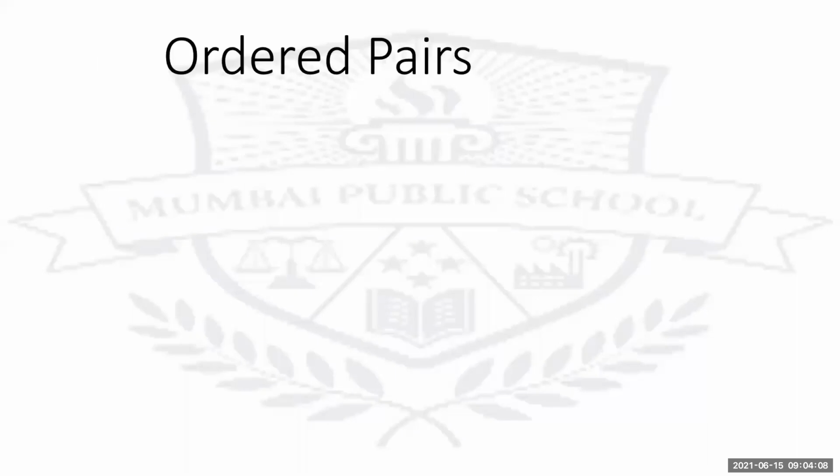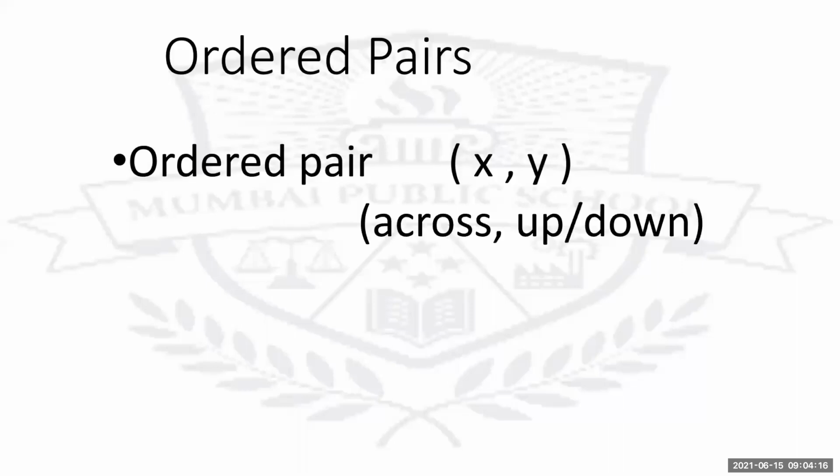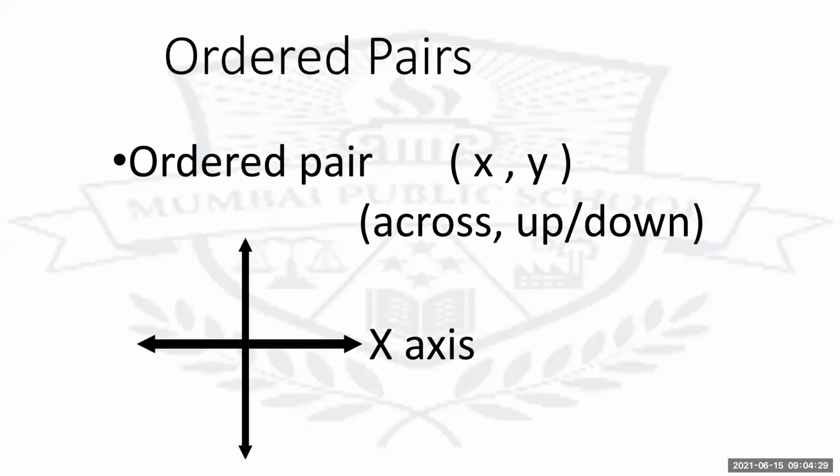Now, what is an ordered pair? An ordered pair is x comma y. Remember this: across is the x-axis, and up and down you get the y-axis.